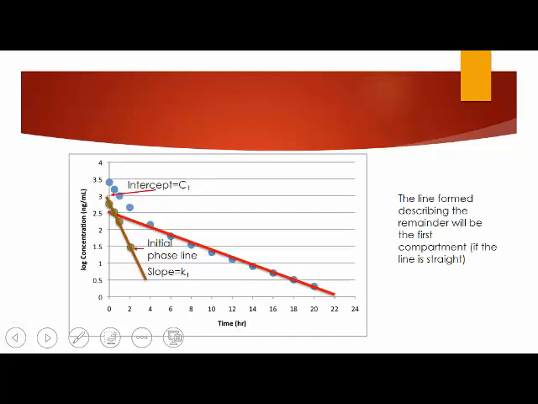Okay, so that is stripping a curve. I'm not going to expect you to be able to strip a curve, but I want you to understand that the resulting log concentration line of a two-compartment model, which is curved, is really just the sum of the first compartment and the second compartment lines.